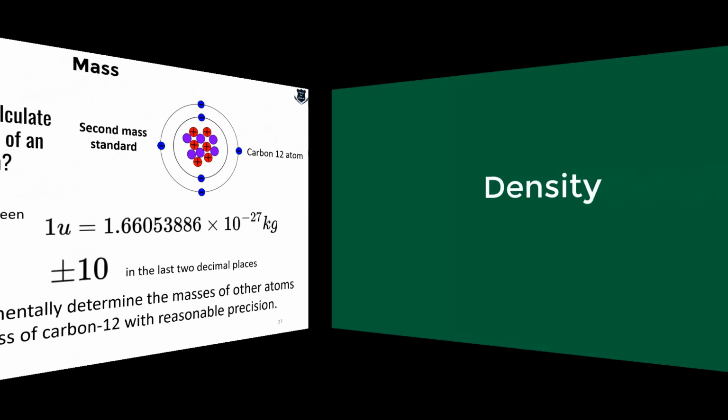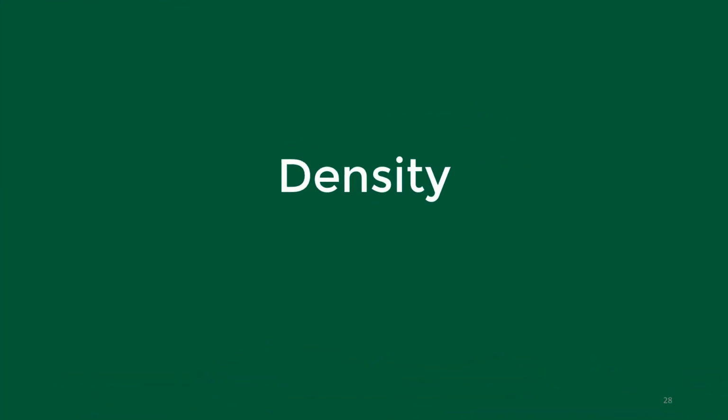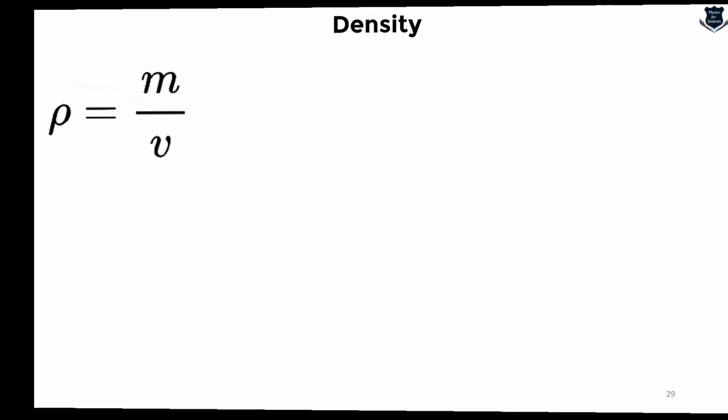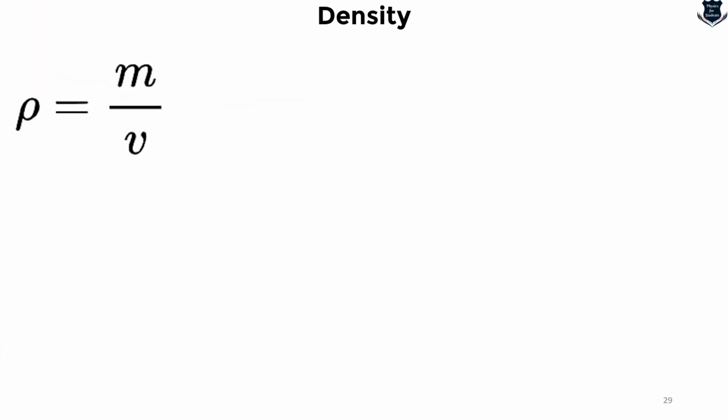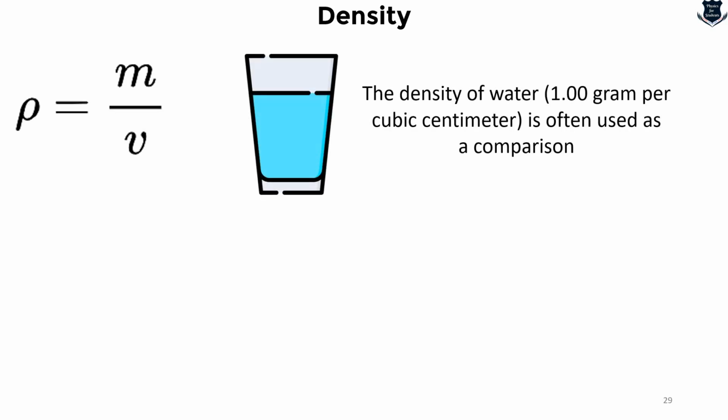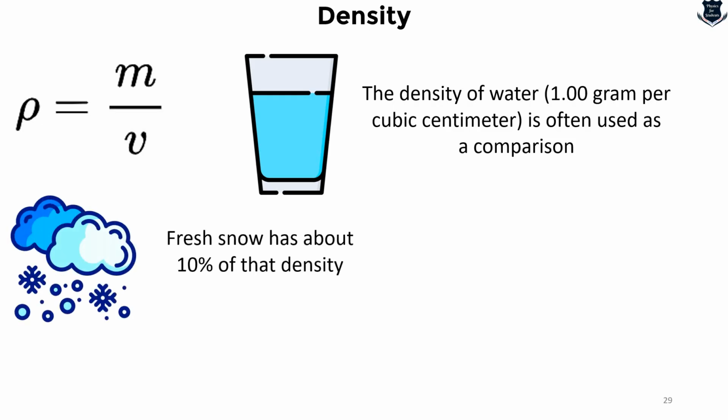We come to the last part of measurement, which is called density. Although in upcoming videos I will be talking more about density, you can take this, defined by the Greek letter rho equals m over v, the mass divided by the volume. The density of water is a standard, which is 1.00 gram per cubic centimeter, and is often used for comparison.